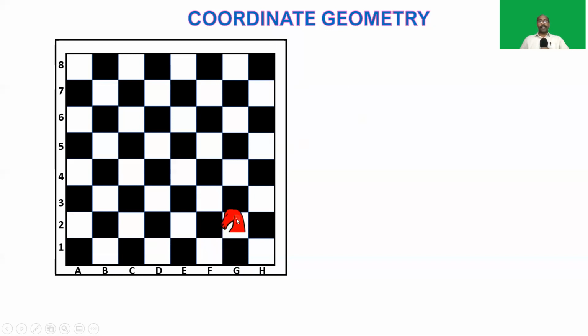Now the knight is moving on. Now, the position of this knight is G3. Okay, horizontally G and vertically in the third row. So the position of the knight is G3.